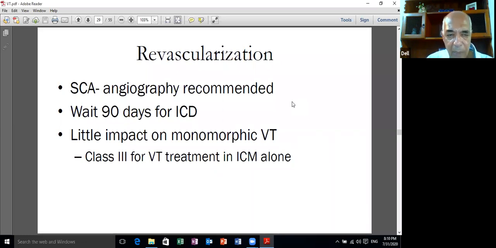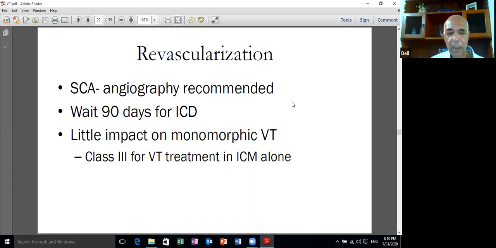And at the same time, don't expect too much, because the impact of revascularization on monomorphic ventricular tachycardia, which is scar-related, is very little. So after revascularizing these patients, you still have some work to do. Find out where the scar is, where the re-entry circuit is, and you need to treat it.